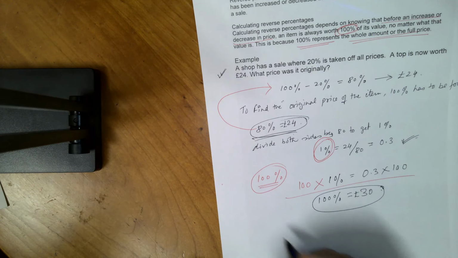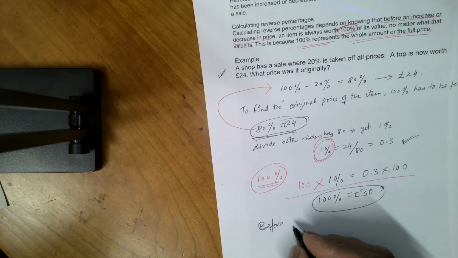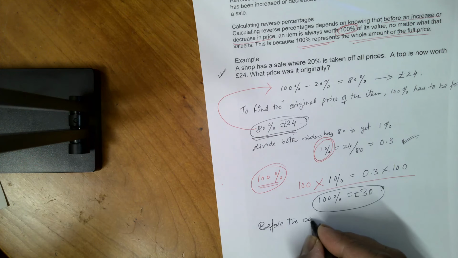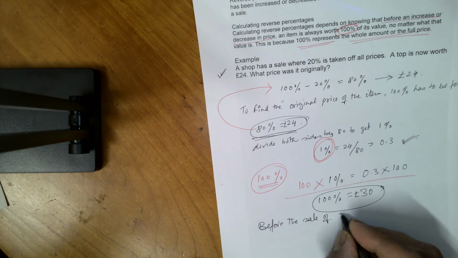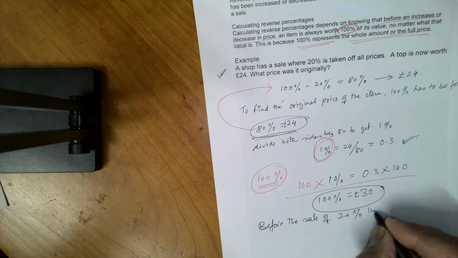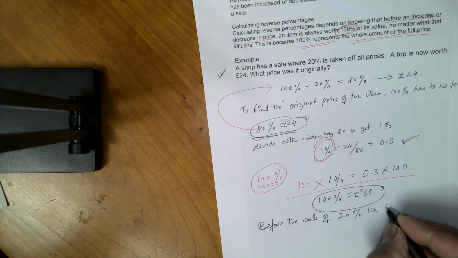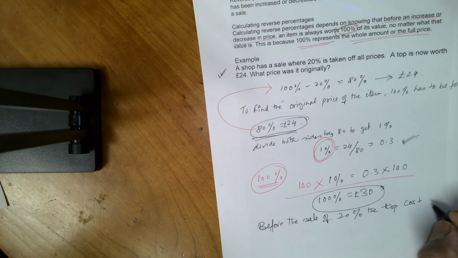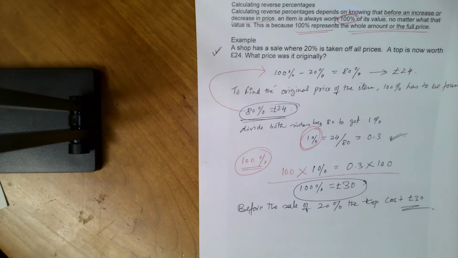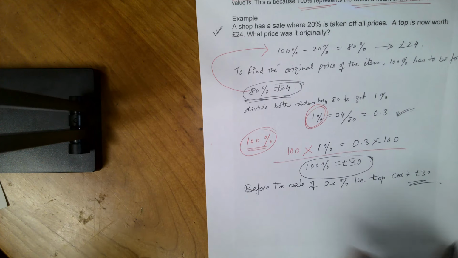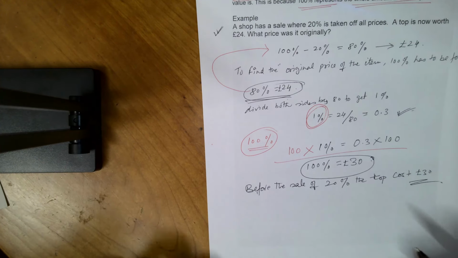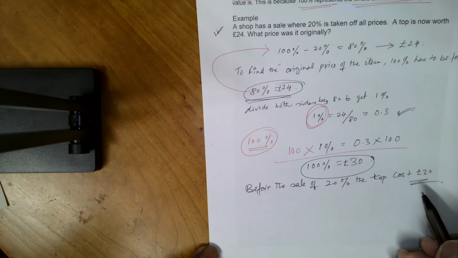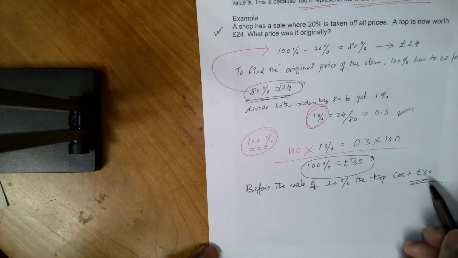Which means before the sale of 20%, the top cost was £30. Okay, now if you want a quick check that you got the answer, you can test this by taking 20% of 30.